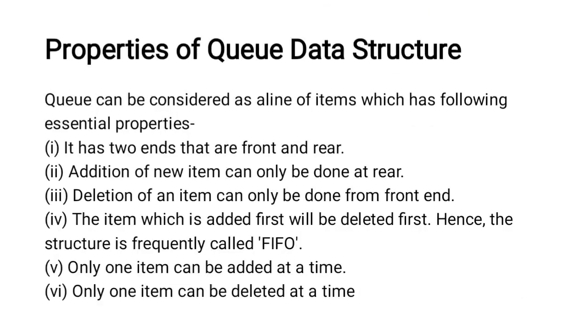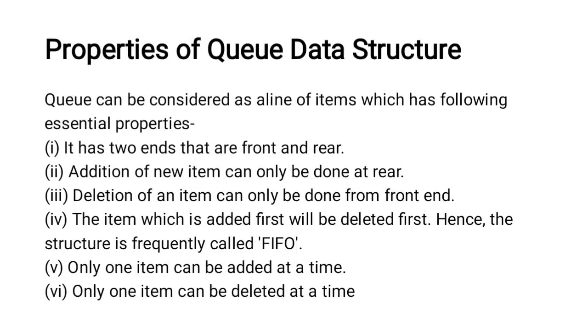Moving on. Allow me to explain the properties of queue data structure. A queue can be considered as a line of items which has the following essential properties. Number one, it has two ends, the front and the rear.